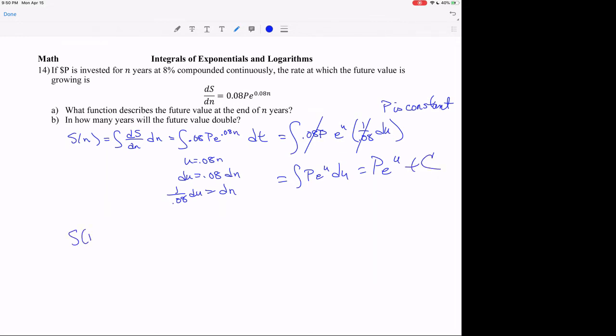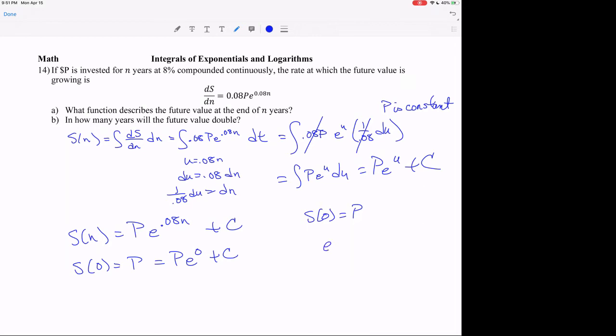So S of n is p e to the 0.08 n plus c. Our initial condition: at time 0, we initially put in p amount. So S of 0 equals p, which equals p e to the 0 plus c.